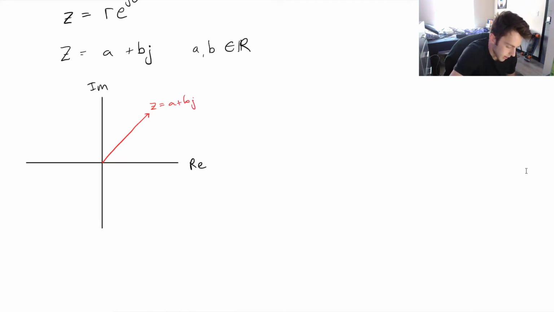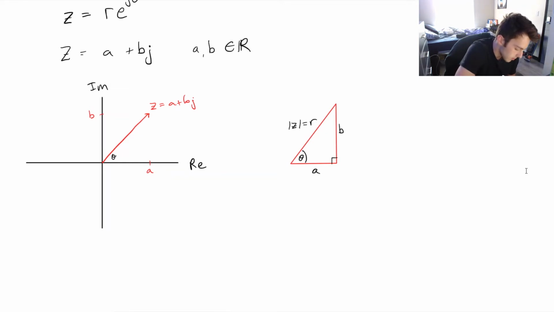And I know that this will be the distance a, and this will be the distance b. So I can draw a little right angle triangle off to the side here. And I know that this will be the modulus of z, which is r. This will be b, this will be a. And then this angle that I make with the real axis will be theta. Let me draw that too.